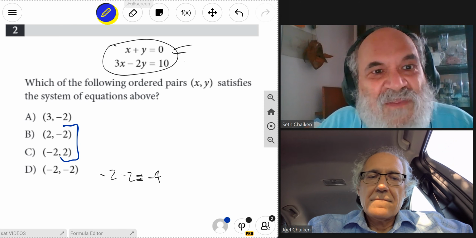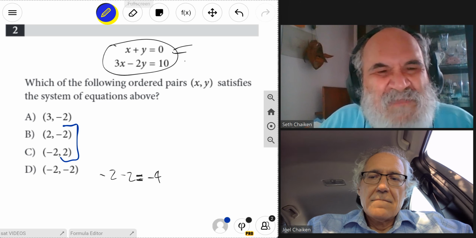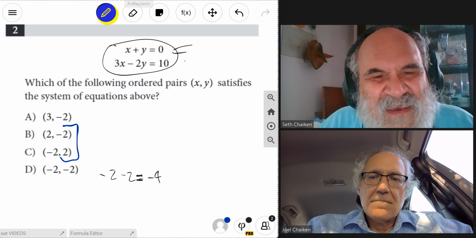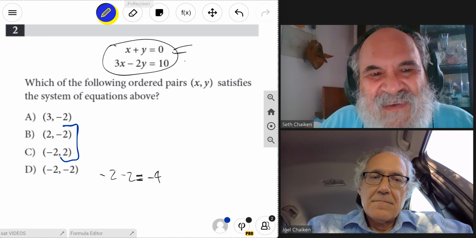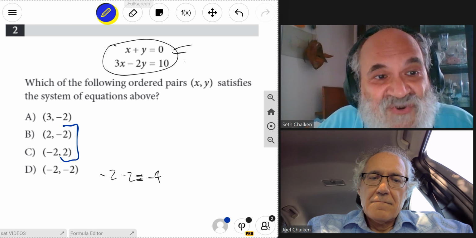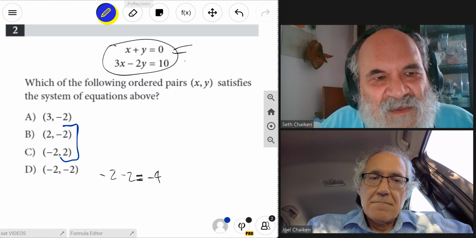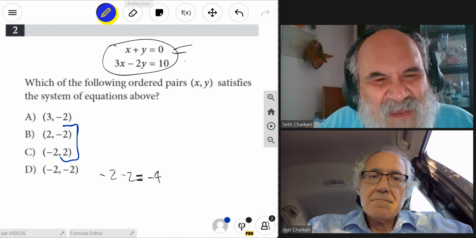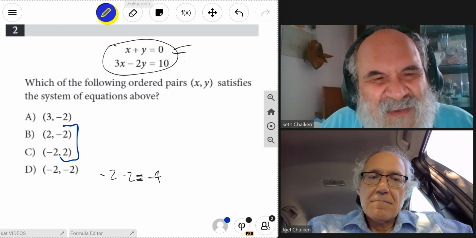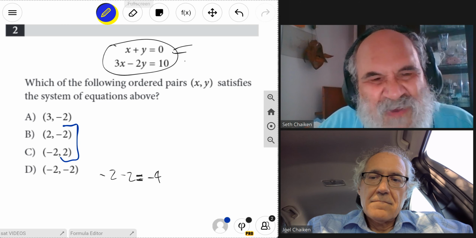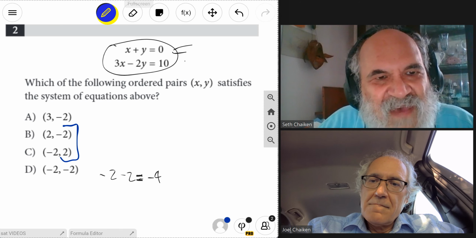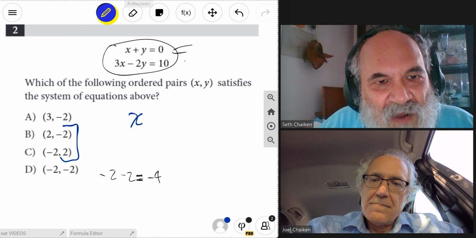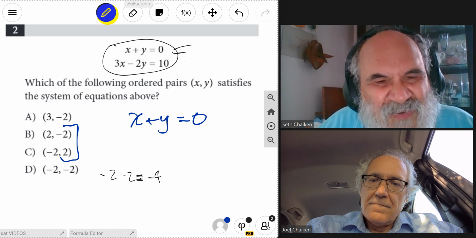Okay, so the principle is if you don't look for x plus y equals 0 at the beginning, what you could do is just look at the equations as if you didn't see that there's something special, and try the choices to see which one satisfies the equation. And then when you actually do the substitution, suppose you want to substitute the possibility of A. So x plus y equals 0 is the equation.